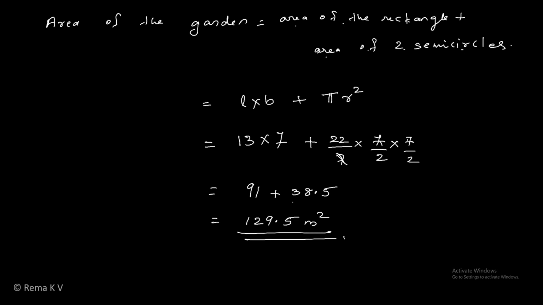So to find the perimeter, you have to find the total length around the figure, and to find the area, you have to find the area of the figures included in the given figure. Here, two semicircles and one rectangle is given.